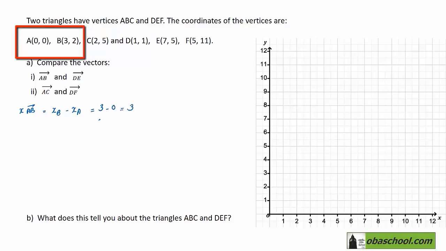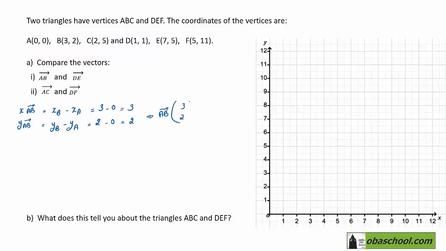Answer is 3. Now we're going to do the same thing for the y. We say that y of AB is equal to y of B minus the y of A. And that would be 2 minus the y of A, which is 0. And that would be 2. And so they have the components of 3 and 2. So that would be for AB.